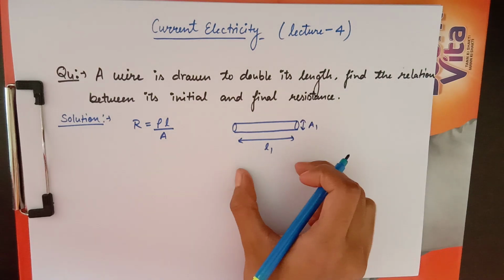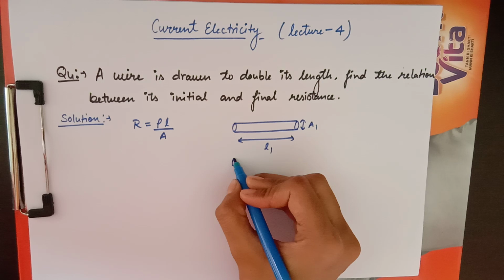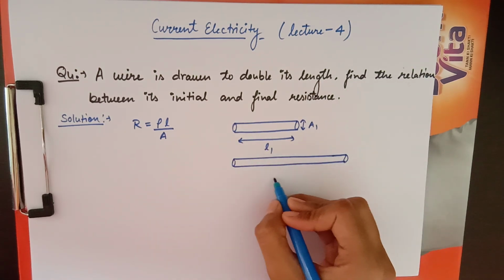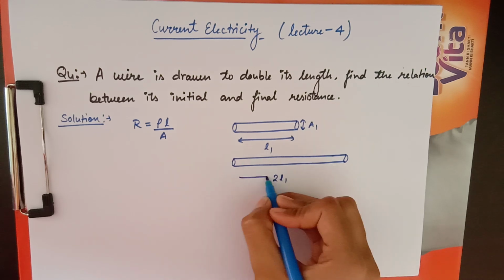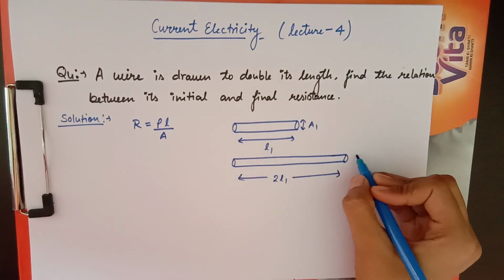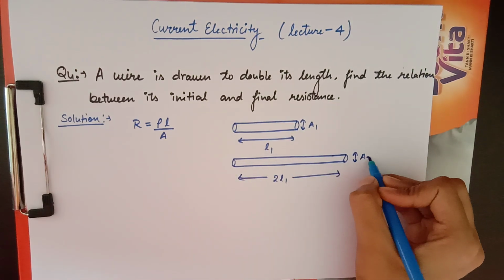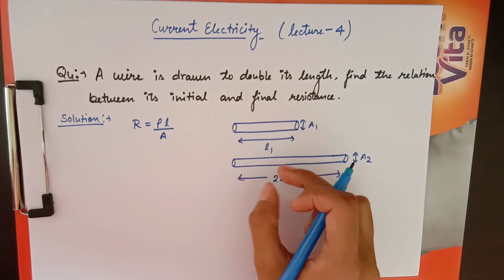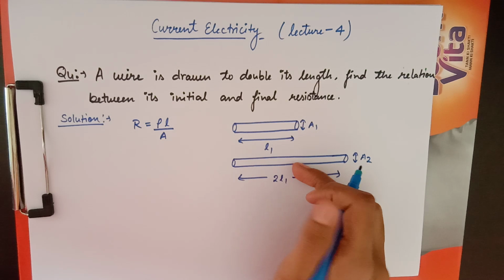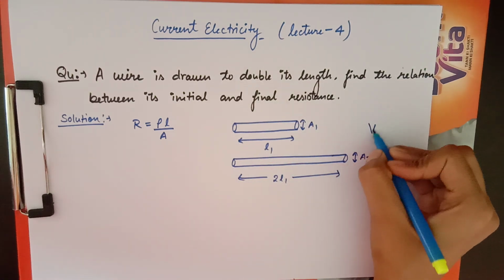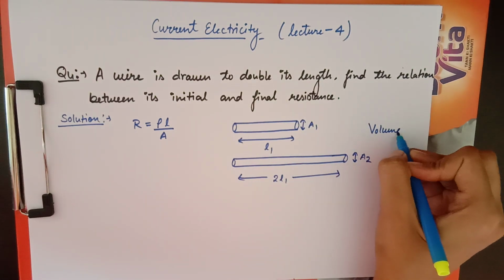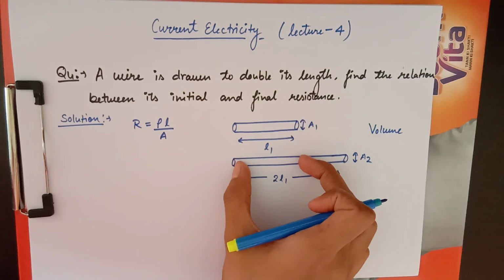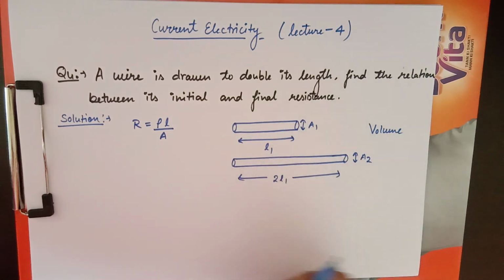If you double it, then its new length becomes 2L1, and A2 is the new cross sectional area. So what is the common thing in these two wires? The common thing is volume.